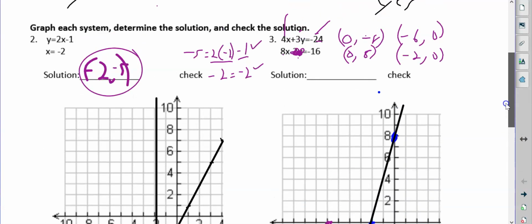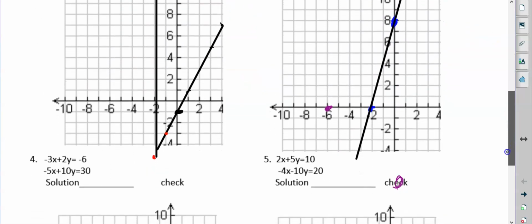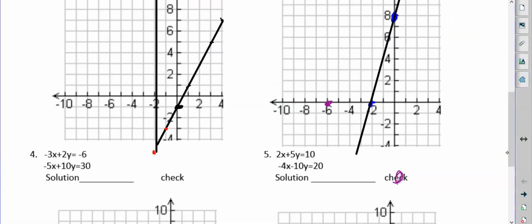Now, the only thing we can really do is we actually have to solve this for y, and we'll put it on our calculator. So when we do that, we end up with y equals negative 4/3 x minus 8. And then if we go and put that in our calculator, we get the point (-3, -4), which is right here.